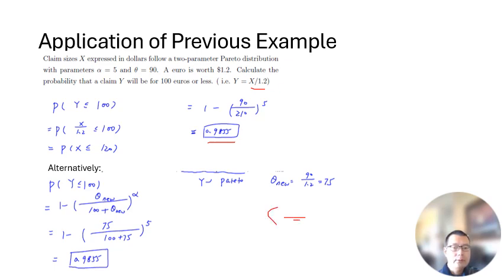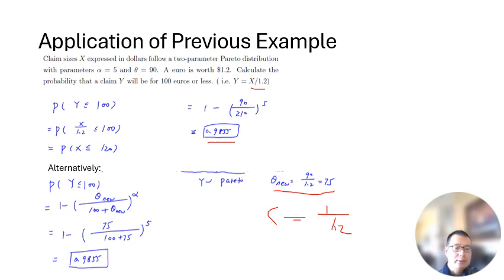So we just need to replace theta with a new theta to calculate the probability of y less than 100. So theta new will be just 90 times c, which is 90 divided by 1.2, 75.